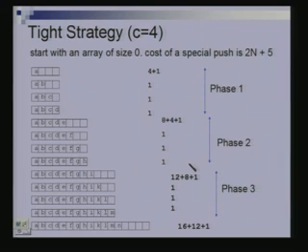Okay, so let's see how the tight strategy, which is where we are incrementing the size of the stack by c units, where c is now, for this example I have taken c to be 4, how this behaves, right. So, initially I started with an array of size 0.